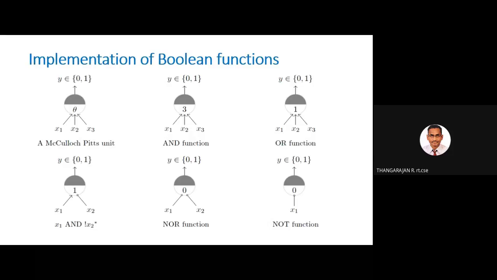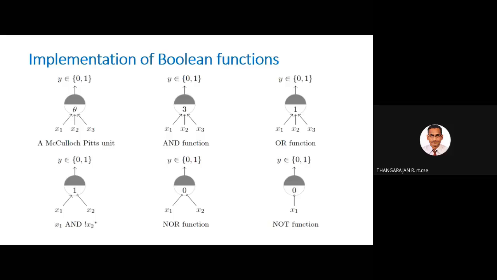Always remember that this white semicircle portion is the aggregator g of x, and this dark semicircle is f of x. Yesterday somebody asked what f of x is. f of x is a function of g of x, a function which acts on this sum of inputs, and theta is the threshold. Output could be 0 or 1. So this is a McCulloch-Pitts unit, and here you see that I'm implementing an AND function.